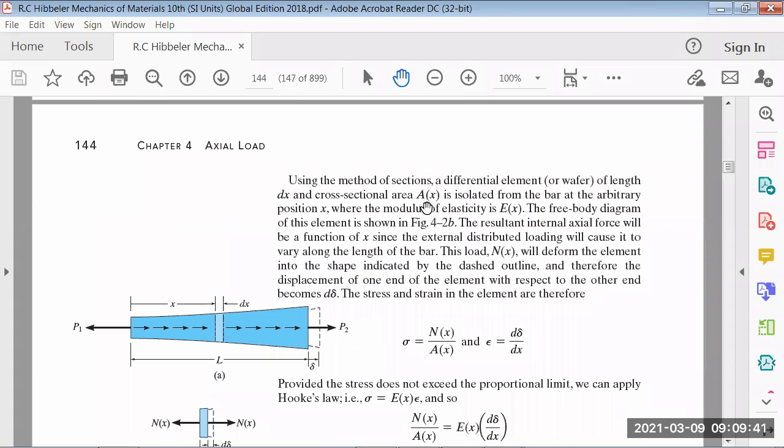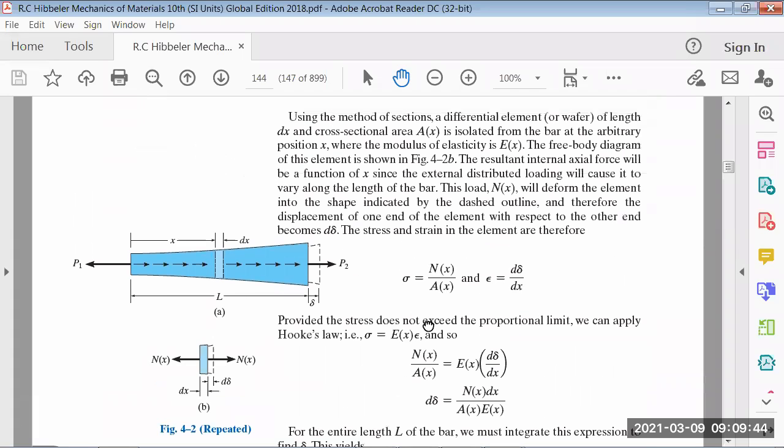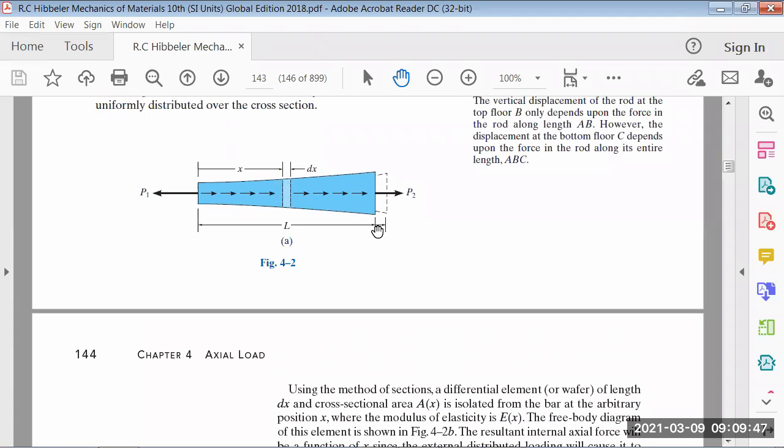If the force is compressive, instead of having elongation, we will have contraction. It's like pushing the element close to each other, from this end to this end, right? So instead of elongation or expansion, we will have contraction, a decrease in length.